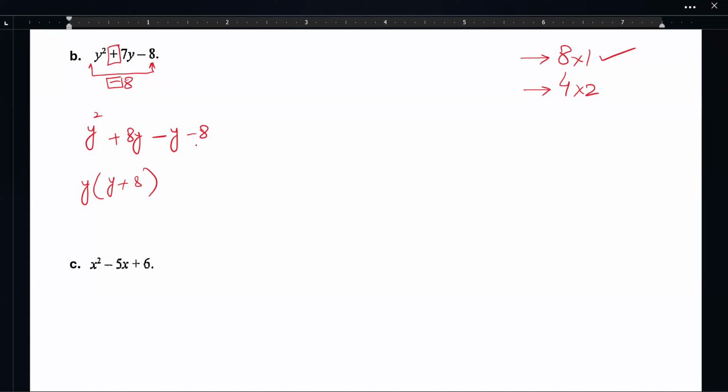Now what can I see common in the last two terms? Yes, very good. It's minus 1. That's common. As we take minus 1 common, the signs are going to be changed. It becomes y plus 8. So in the first bracket, I will write y plus 8. In the second bracket, I will write y minus 1.